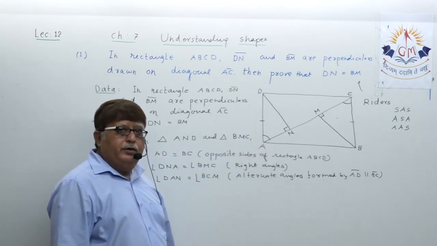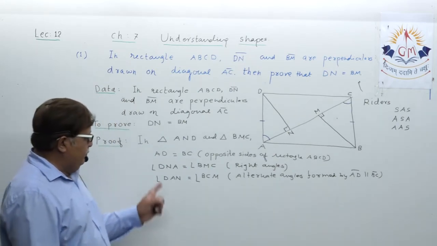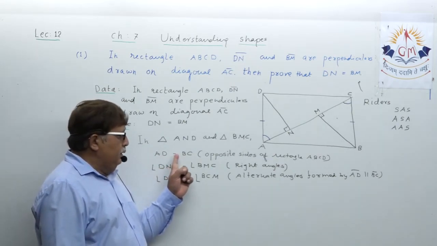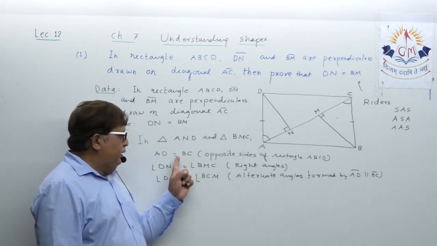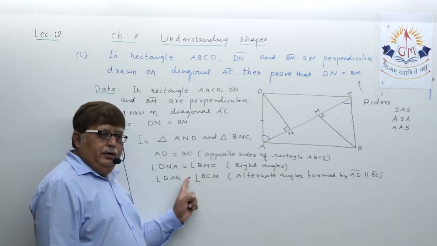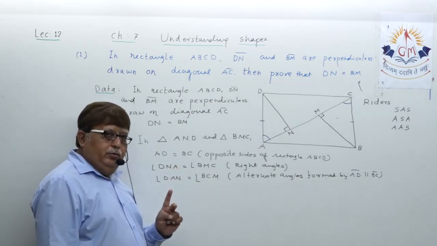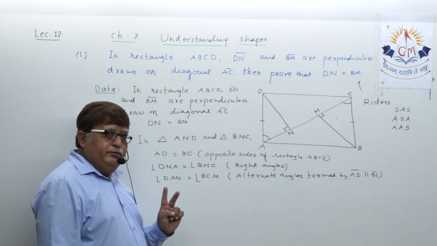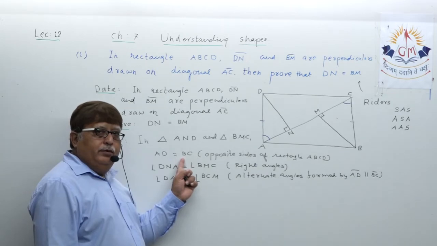Okay. So, dear student, these two triangles as mentioned here are proved congruent by which postulate? AAS. Two pairs of angles, one pair of side.